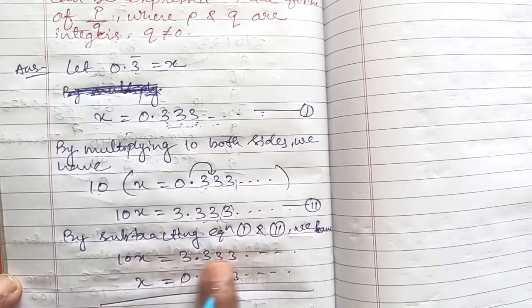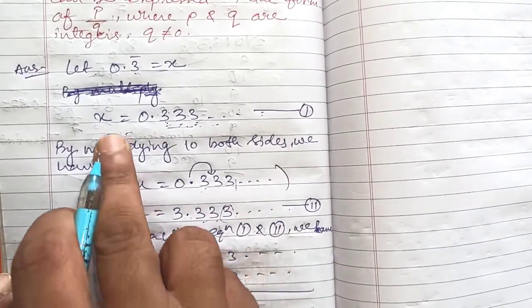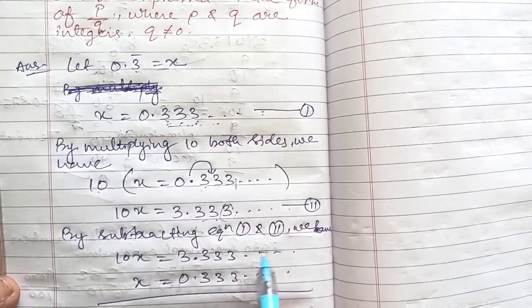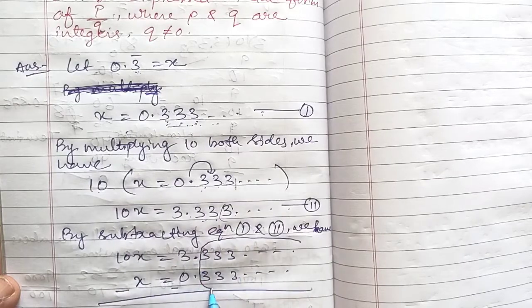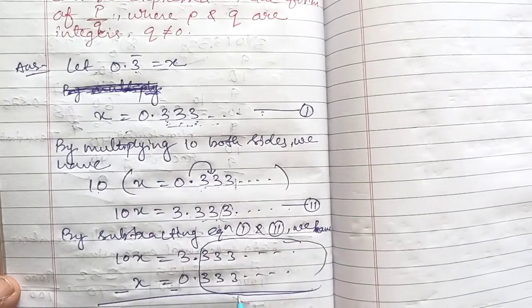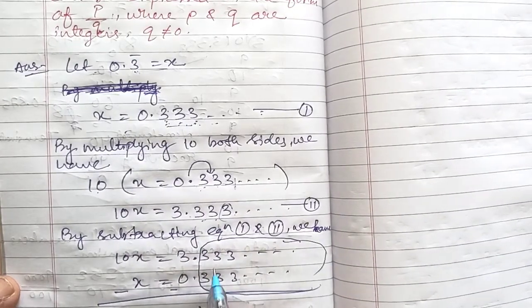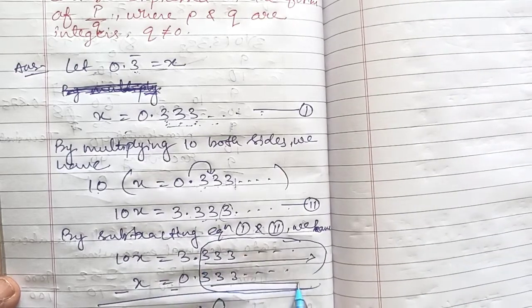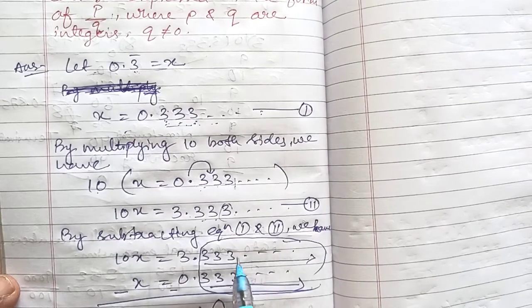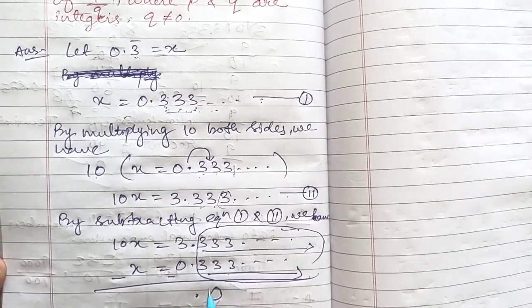This is our equation 2 and this is our equation 1. Now look here, we are subtracting, so whatever number of 3s are there, all will become 0, because that many 3s are present here also. So all the 3s will become 0.